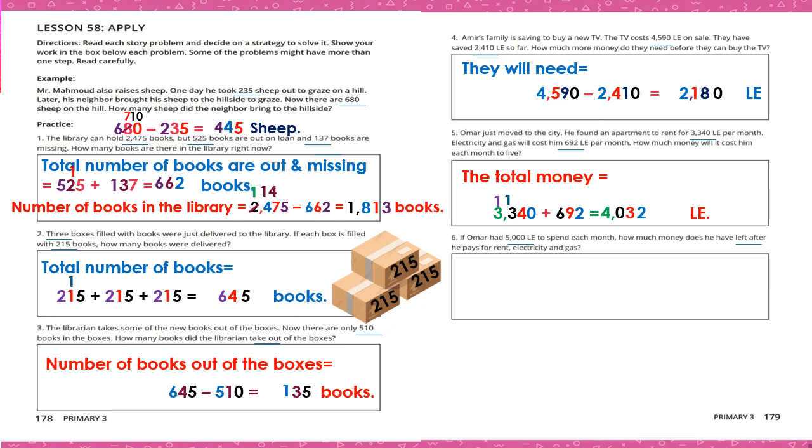In number 5, we calculated the total money of rent, electricity and gas equals £4,032. He had £5,000. How much money does he have left? We want to calculate the left money, the remainder money with him.